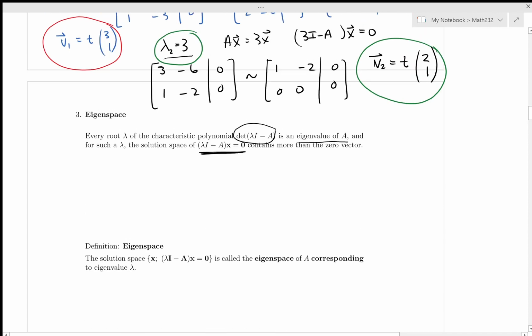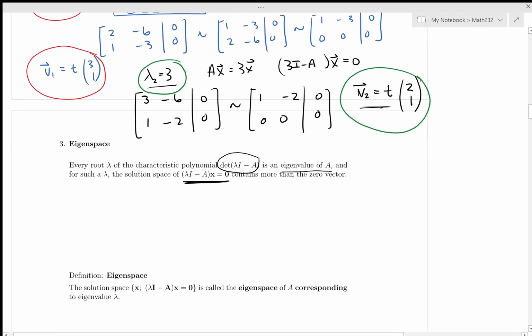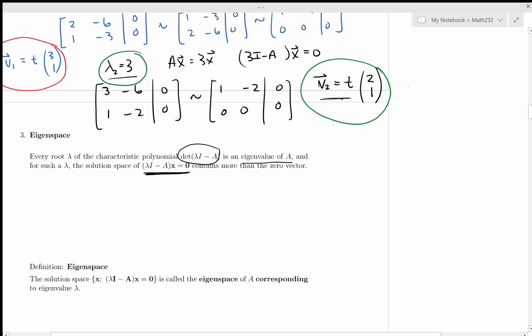Let us just look back. For example, here lambda 2 is 3 and v2 is equal to this. Clearly, if t is 0, it contains the zero vector, but t can be any number. So t here is that parameter that we often have been using. It's a real number. So there are many other values.